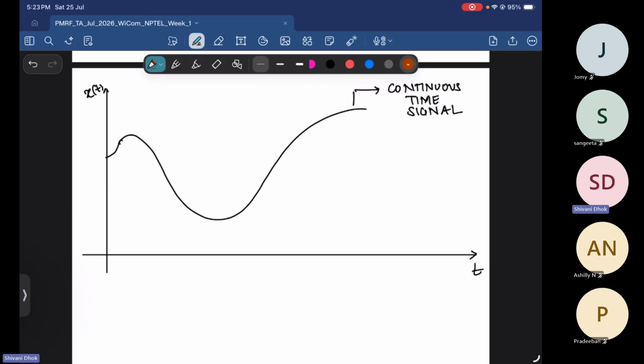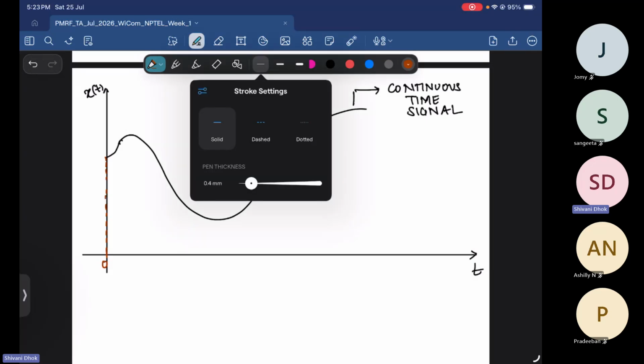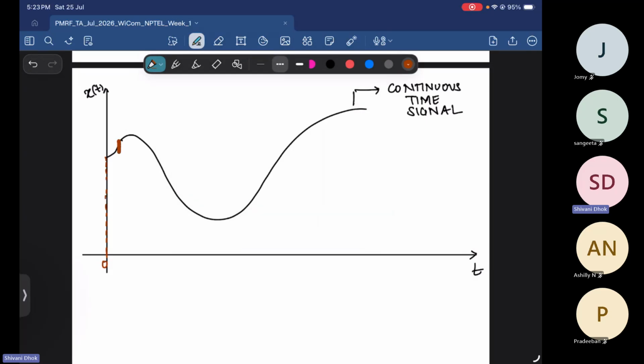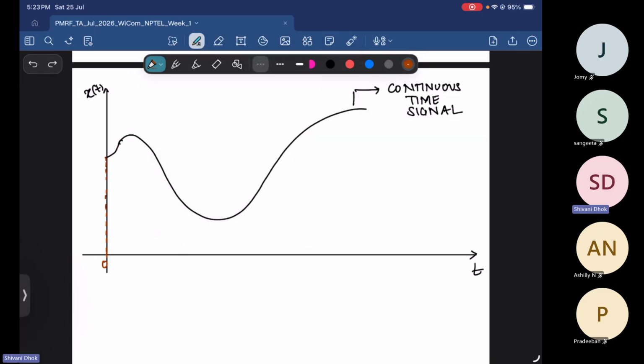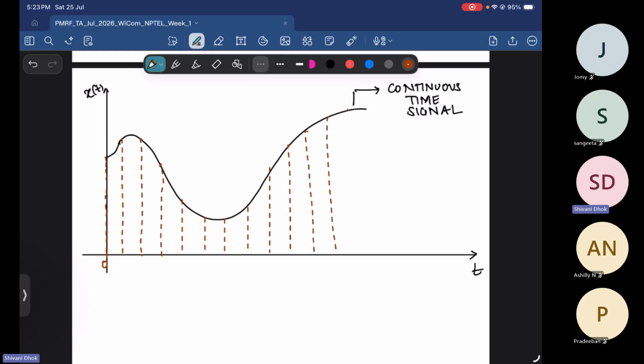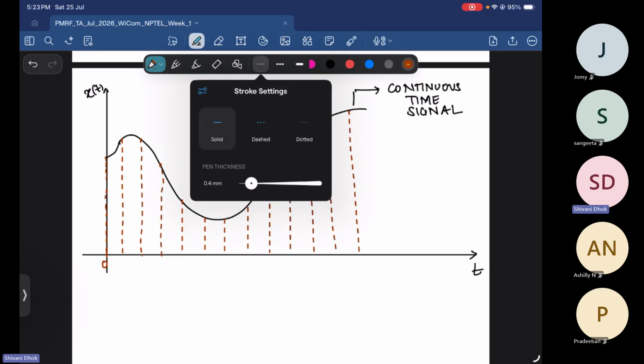Let's say we sample at t equal to 0, then we'll sample at TS, 2TS, 3TS, 4TS, and so on.